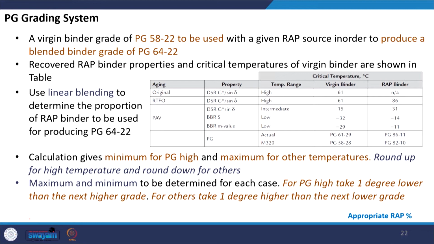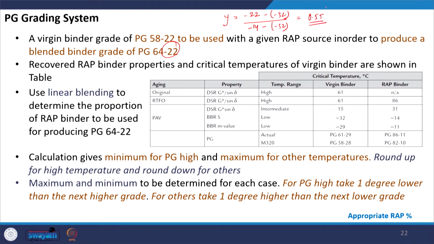Alright. Now coming to the last aspect that we also have to find, corresponding to the low temperature. So again, Y corresponding to the value of creep stiffness is what? Minus 22 is the target, minus of minus 32, divided by minus 14 minus of minus 32. Okay. So, this gives us a value of 0.55.